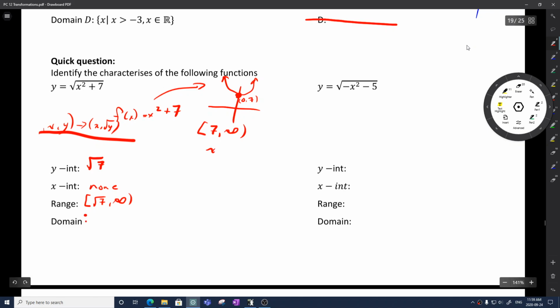Here, my domain was x is an element of the reals. And since my function exists everywhere here, and it's positive everywhere here, the y values are all positive, that means that when I take the square root, I will get a defined value for all x. So x is an element of the reals.